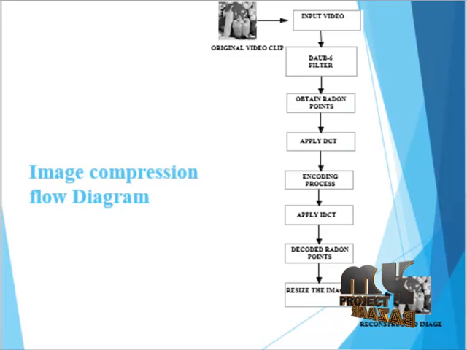Then we go through the decoding process, the compression process, and the reconstruction of the encoding process. We give the videos, get single frames, process 10 or 15 frames, whatever we need, and then convert the frames back to compressed videos. First we do image processing, only compressing the images, and after that the frames are converted to videos.